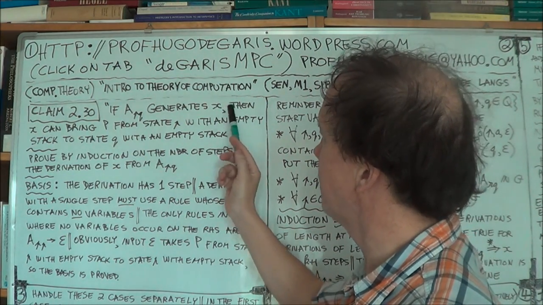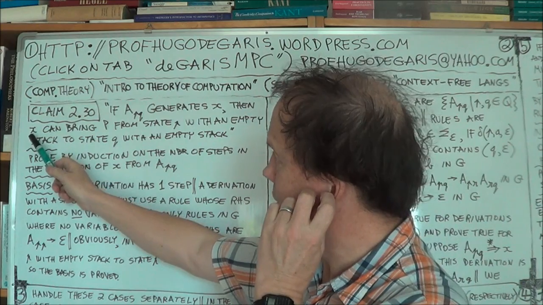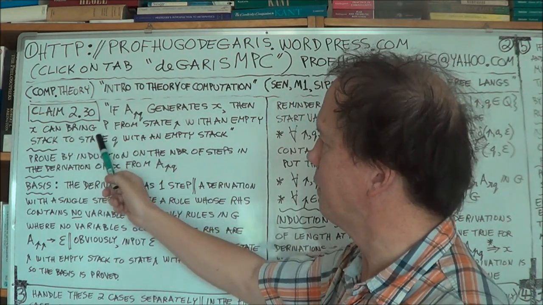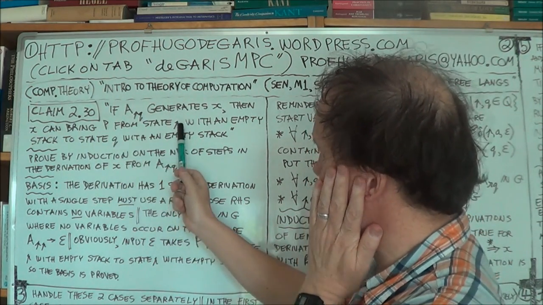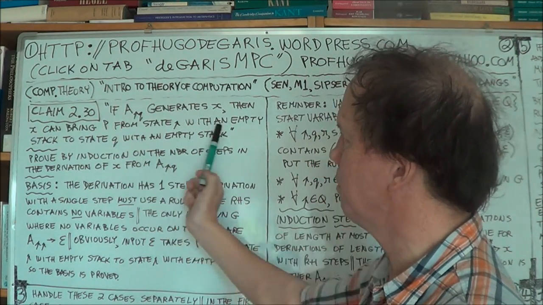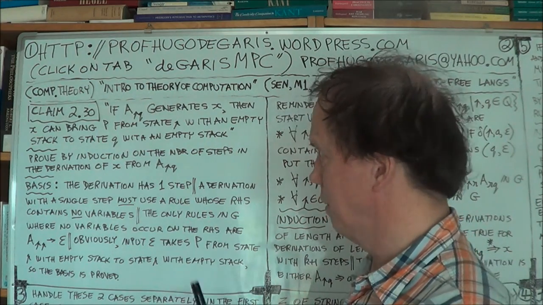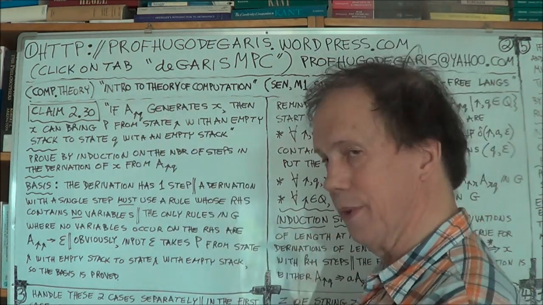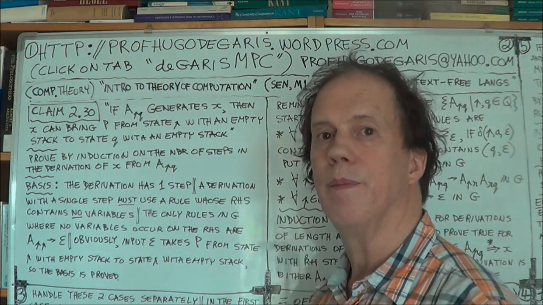And that being the case, then we have to show that the same x, the substring, in the PDA will take the machine from state P with empty stack to state Q with empty stack, and we'll prove it by induction. And the integer involved in this induction is the number of steps in the derivation from this to that. Okay.